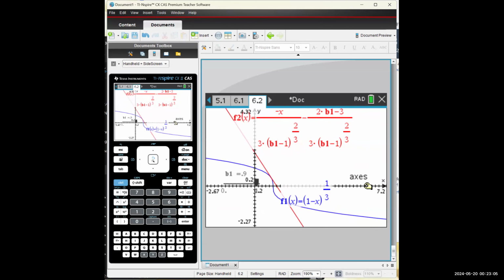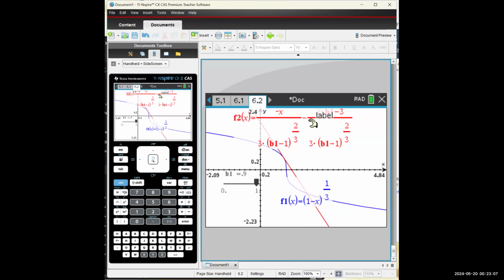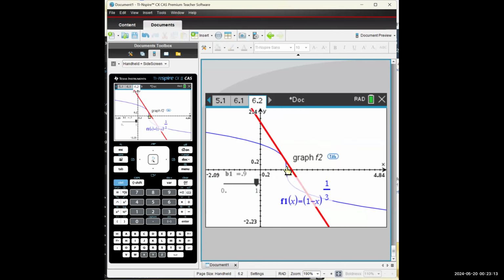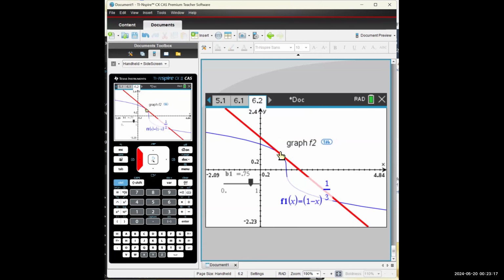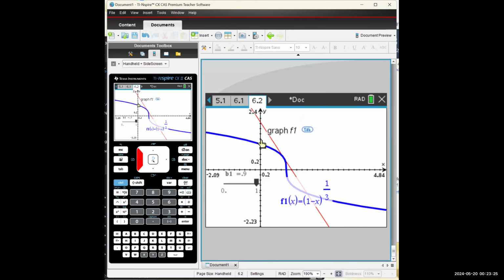Let me hide the first equation. So the red line is the tangent from 0 to 1 within this region. Once you are changing the b value, you can see there will form two possible regions with the vertical axis here and here, okay? There are two regions, okay?